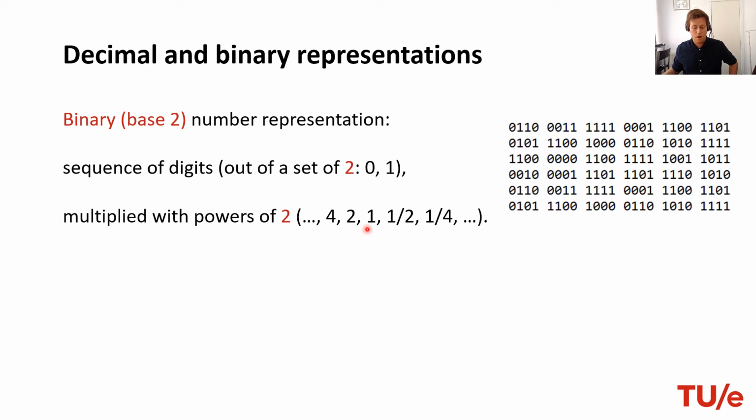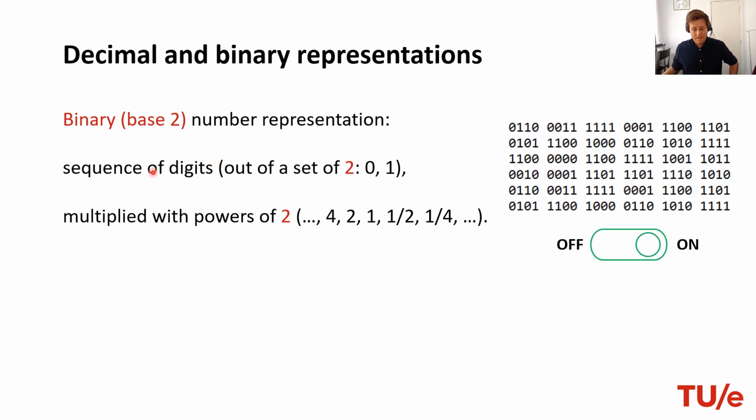For instance, 1 is 2 to the power 0, 2 is 2 to the power 1, 4 is 2 to the power 2, 8, 16, etc. And also to the right of the point, we have 2 to the power minus 1, which is 1/2, 1/4, 1/8, etc.